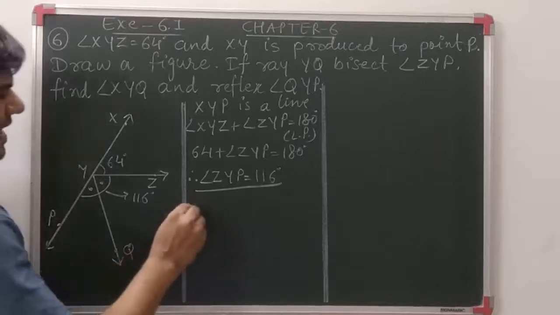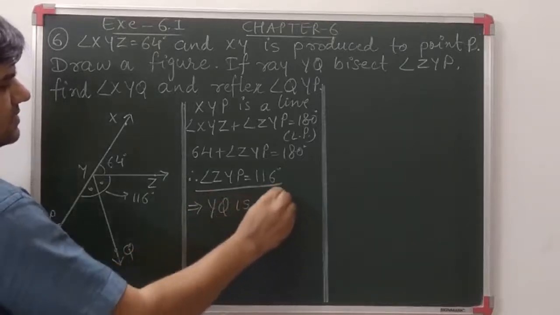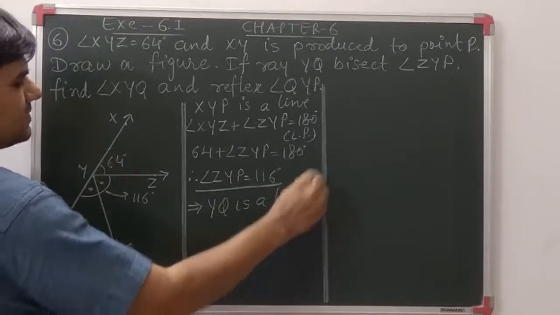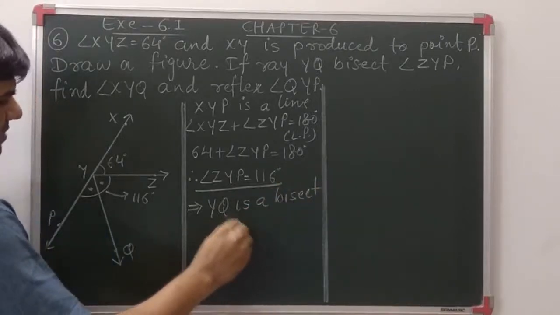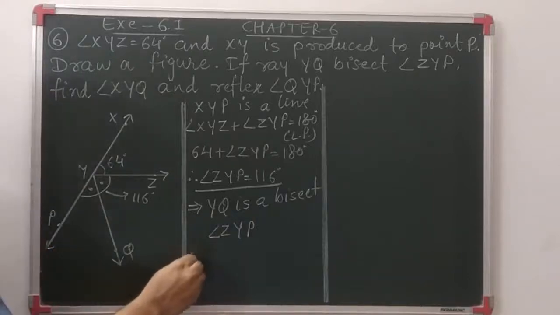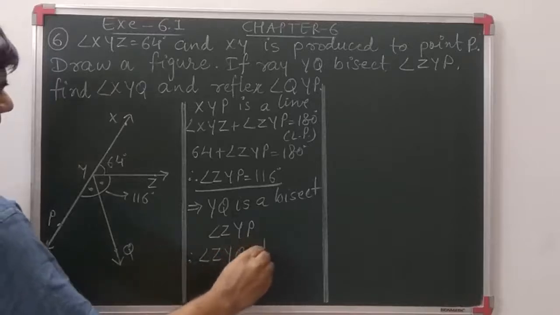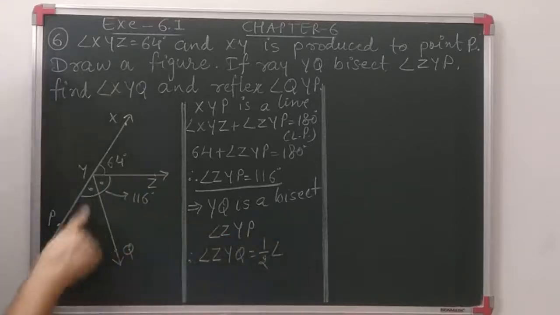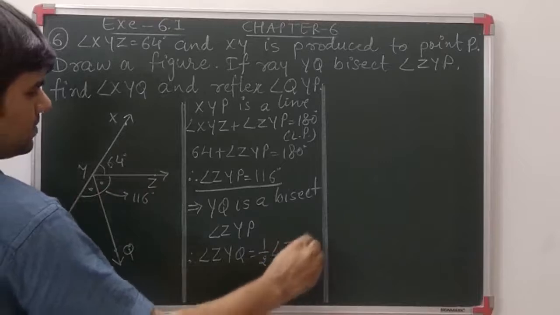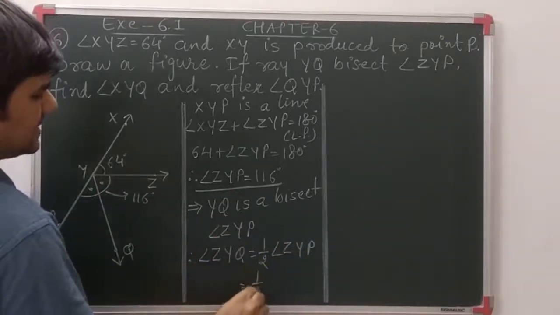Now it is mentioned that YQ is a bisector or is bisect angle ZYP. So when it is written it bisect, so we can say that angle ZYQ is half of angle ZYP. So ZYP we obtain, it's 116.